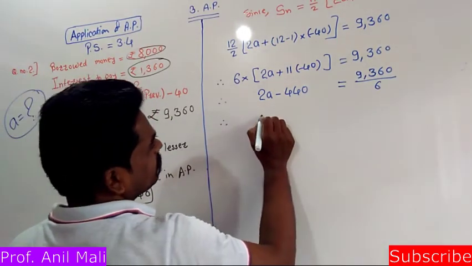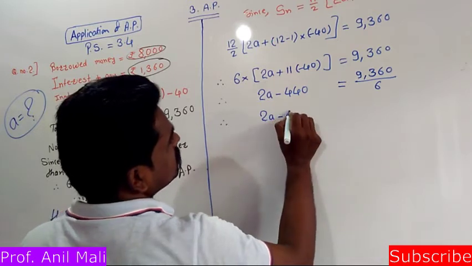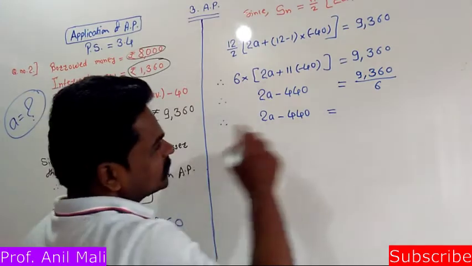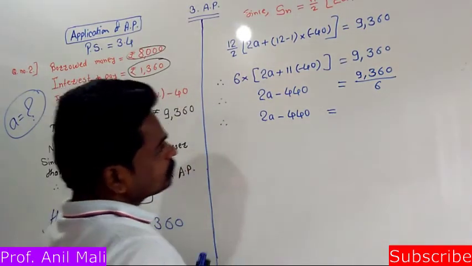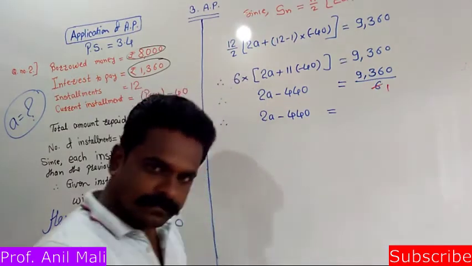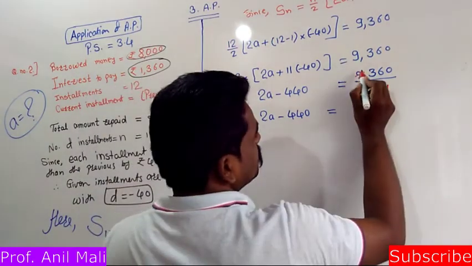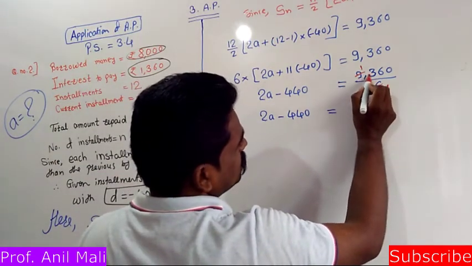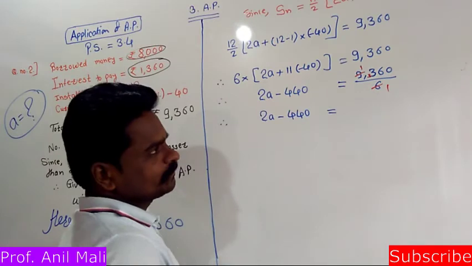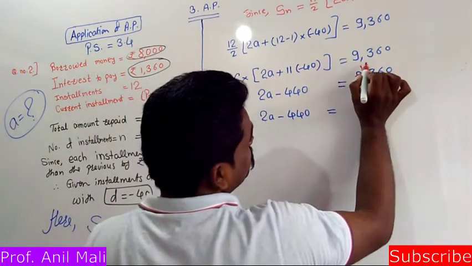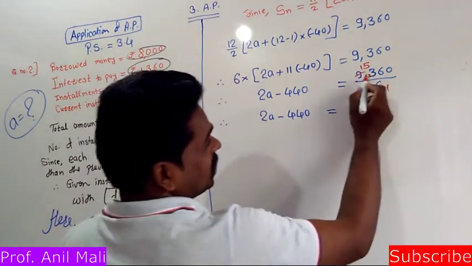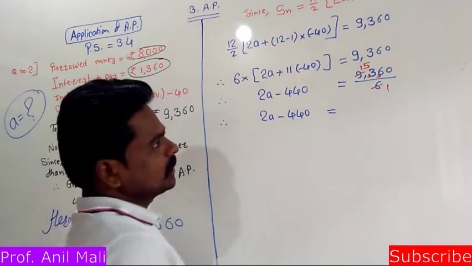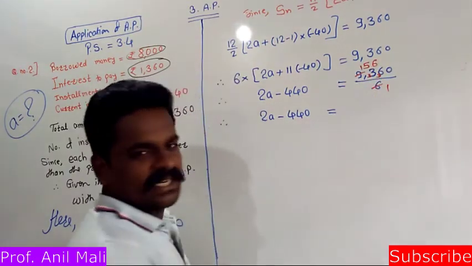Therefore 2a minus 440 is equal to, just divide it by 6. We will do the division. 6 ones are 6, and 6 ones are again 6. The remainder is 3, so 3 will be here. It becomes 33. 6 fives are 30, and the remainder is 3. So it becomes 36, and 6 sixes are 36.